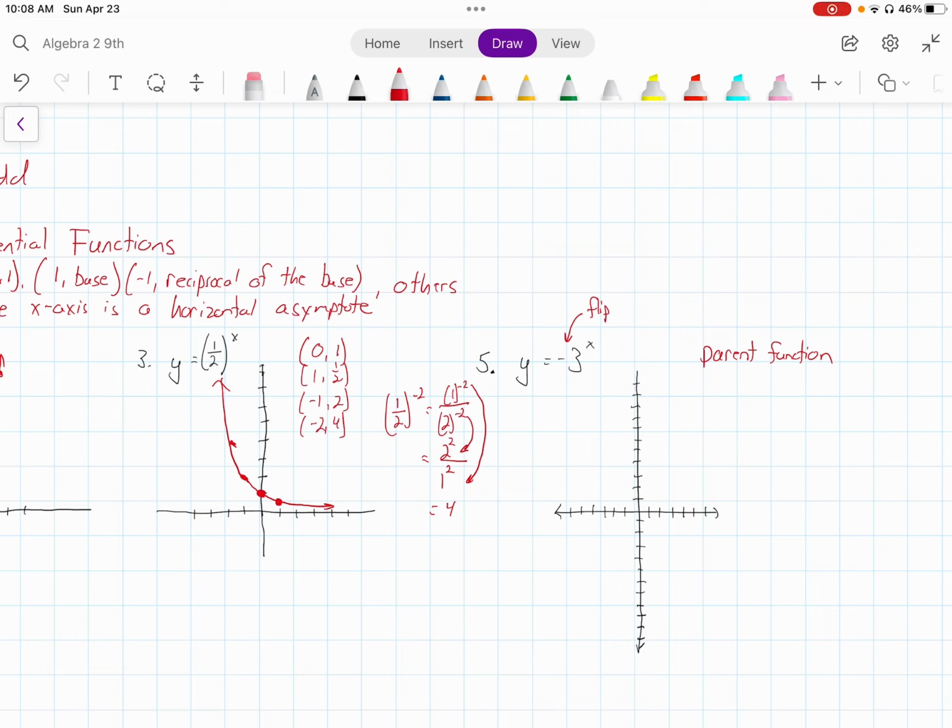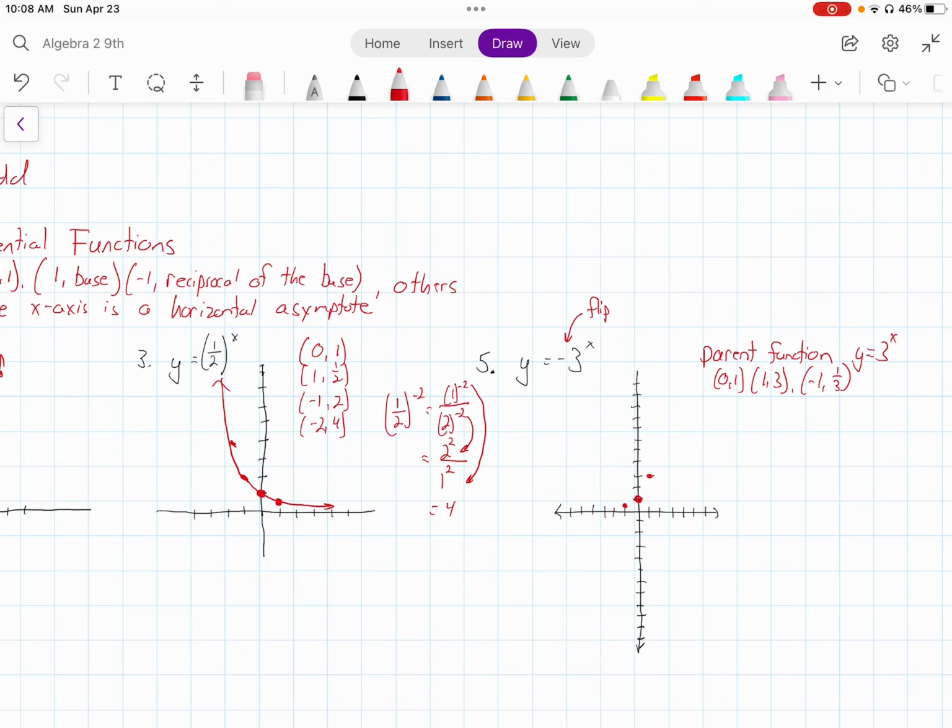So the parent function, our points are 0, 1. Our parent function is just y equals 3 to the x without the negative. And we have 1 comma the base and negative 1 the reciprocal. So 0, 1, 1, 3, negative 1, 1/3.